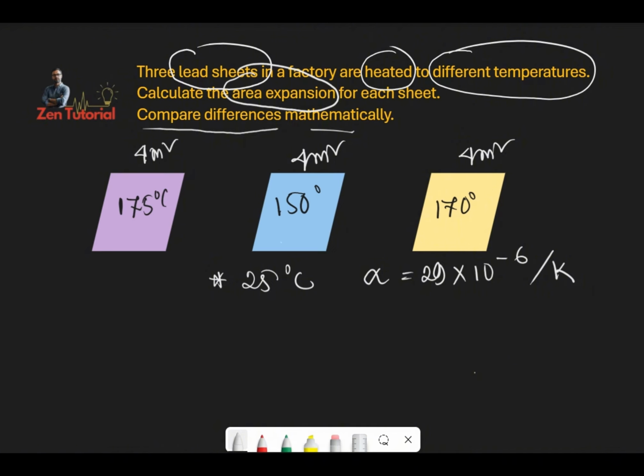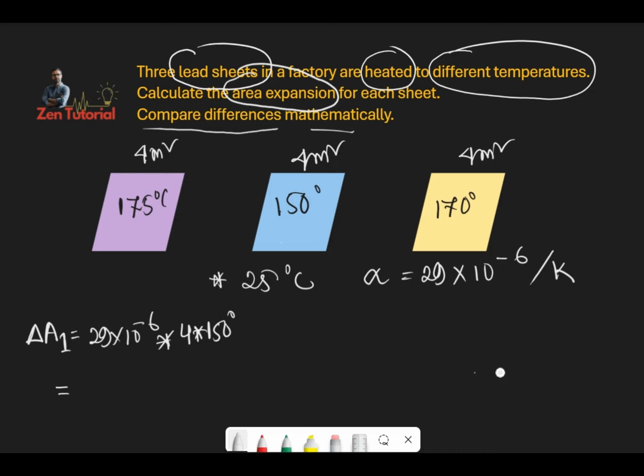Indeed, for the very first sheet, the area expansion del A1 is equal to the value of alpha, which is 29 times 10 to the power minus 6, times the area 4, and the temperature difference: before it was 25 degrees Celsius and it increased up to 175 degrees Celsius, so it will be 150 degrees.